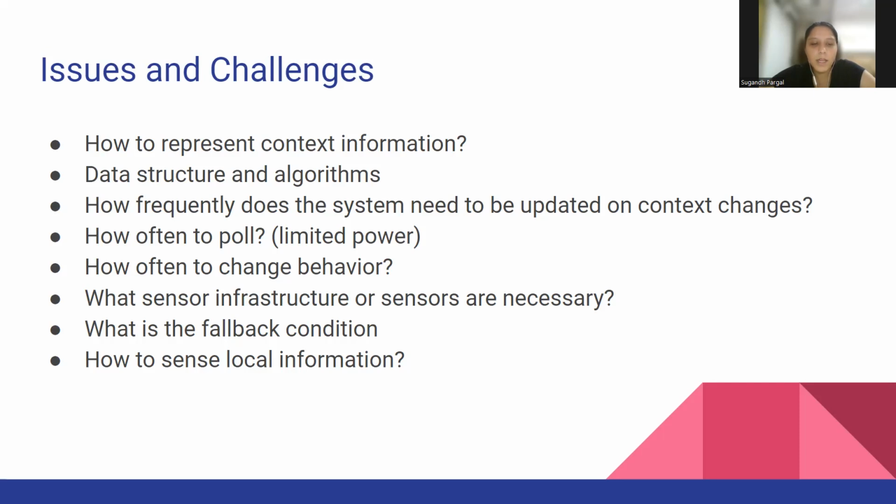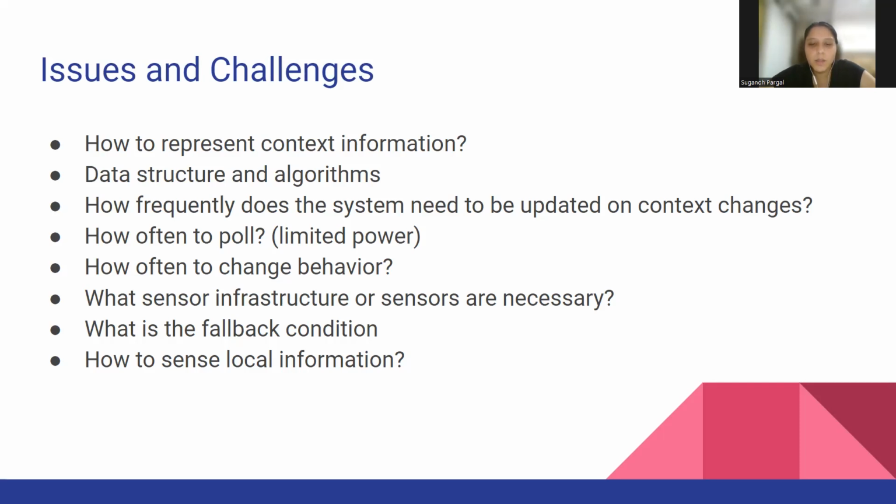Another challenge is how often to change the behavior. As we have mentioned, the context behavior changes with the application. So we need to check how often we need to change the behavior. The next challenge is what sensor infrastructure or sensors are necessary for the required context.